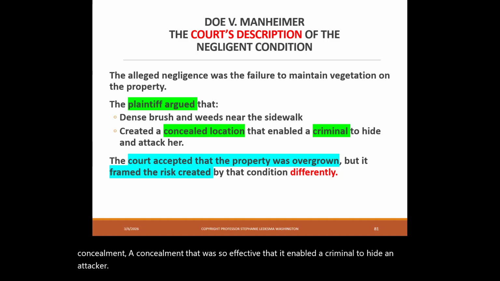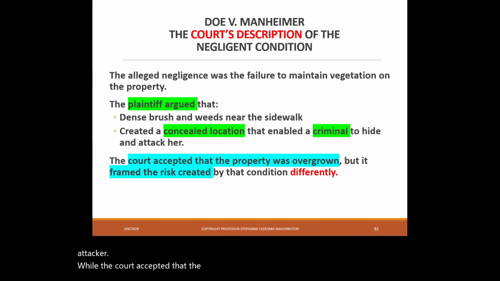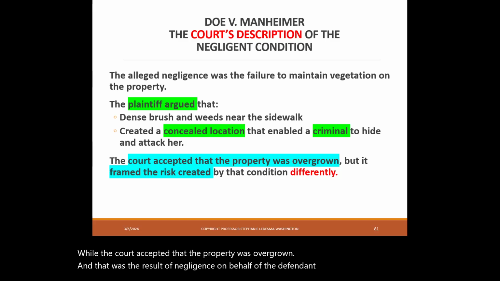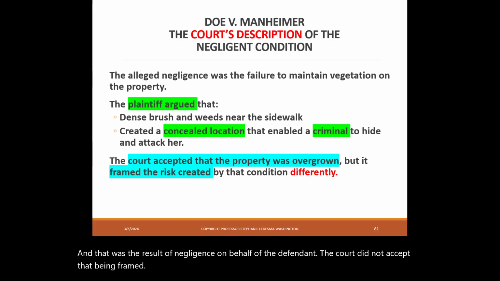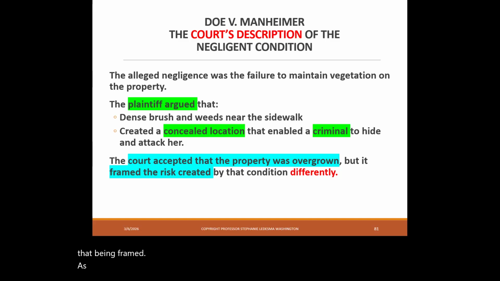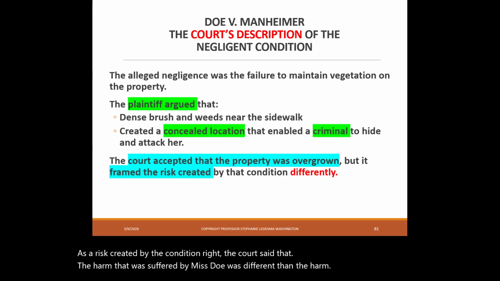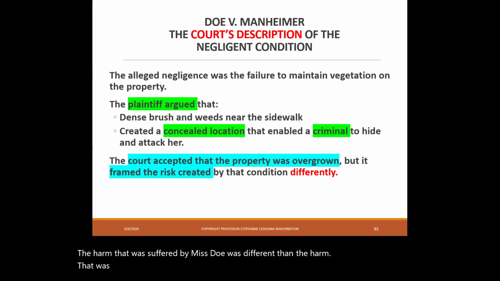While the court accepted that the property was overgrown, and that was the result of negligence on behalf of the defendant, the court did not accept that being framed as a risk created by the condition, right? The court said that the harm that was suffered by Miss Doe was different than the harm that was established as foreseeable.